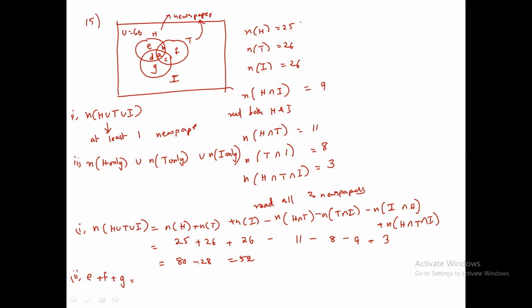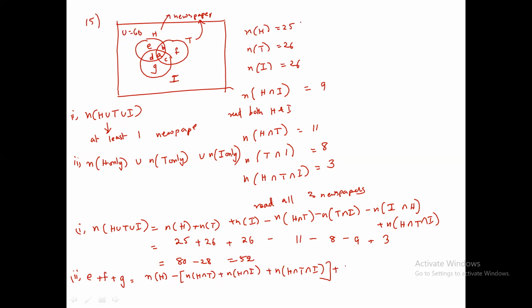This is what I have to find. So how will I find this? From N of H, I have to subtract some things. What are they? N of H intersection T, N of H intersection I, and N of H intersection T intersection I. This is what I have to subtract.